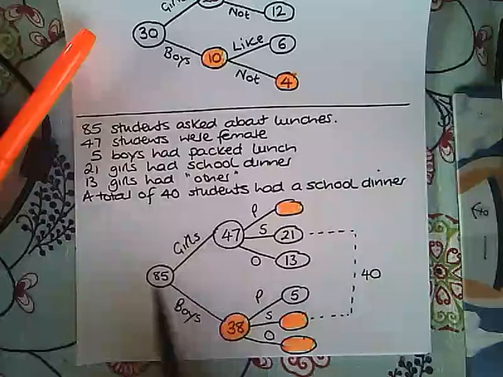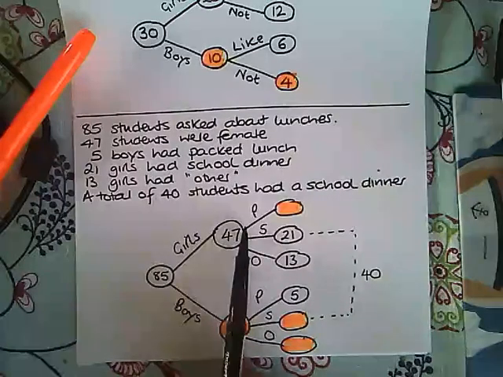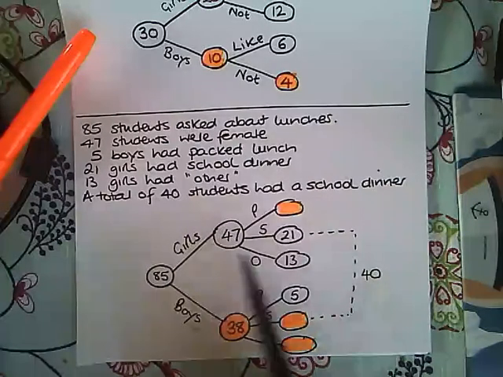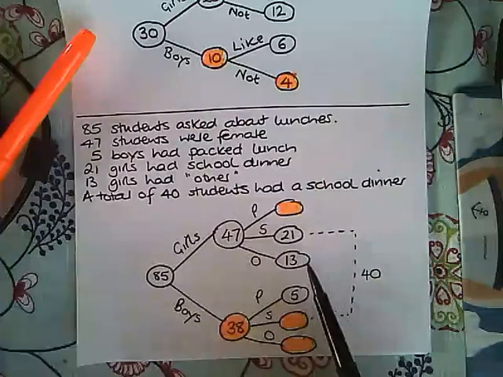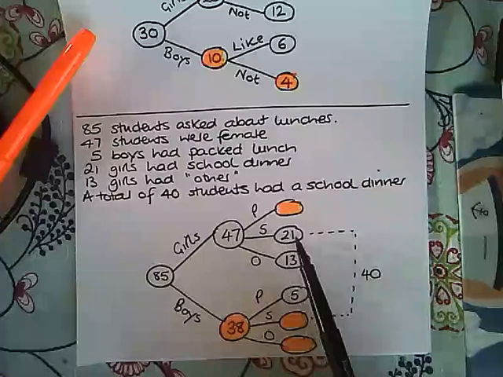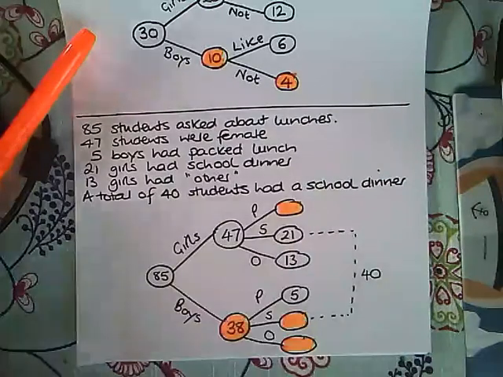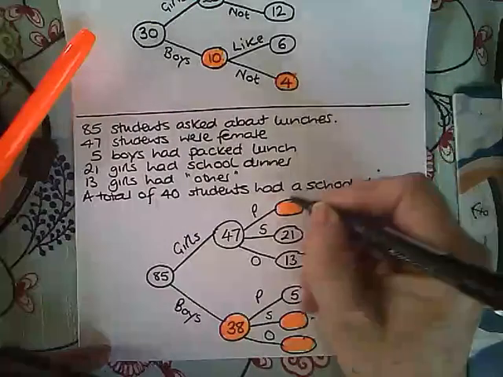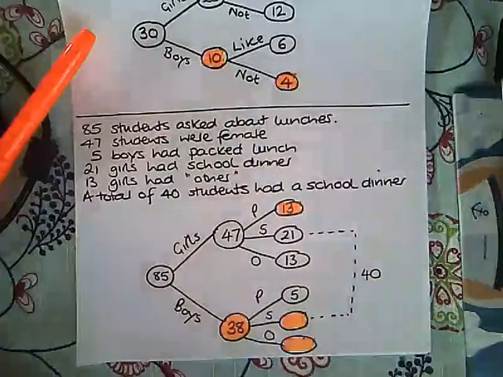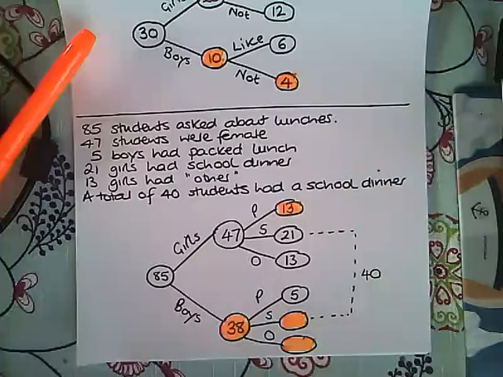Let's go back up to the top to the girls. With 47 girls, I've got 21 having a school lunch, 13 having other. So if I add these two together, I get 34. And then if I do 47, take away 34, that leaves me with 13 of them having a packed lunch.